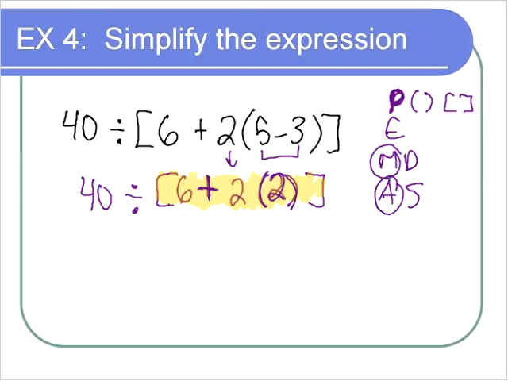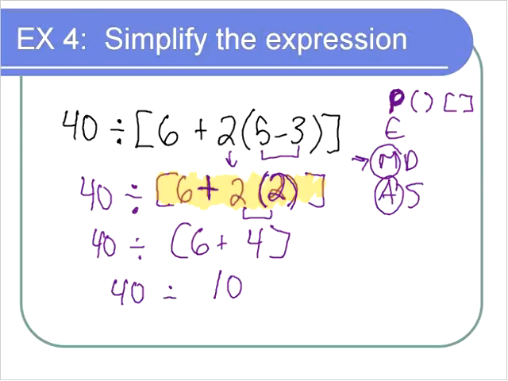Well, times means multiply. So the one that's higher comes first. Since the multiply is higher, we're going to do that first. 2 times 2 is 4. Now would come the addition. 6 plus 4 is 10. And once there's only one number in the brackets, you don't have to write the brackets anymore. So it's fine to just write 10 as 10. And 40 divided by 10 would be 4.